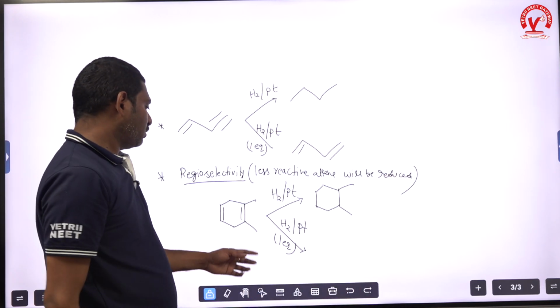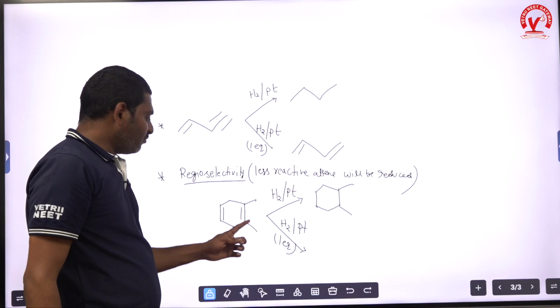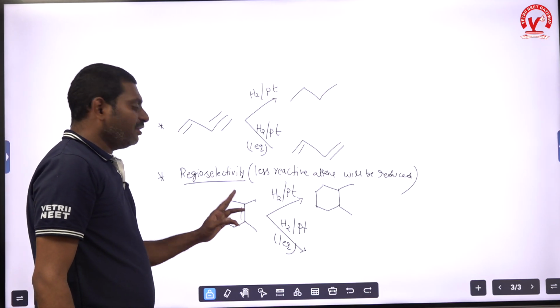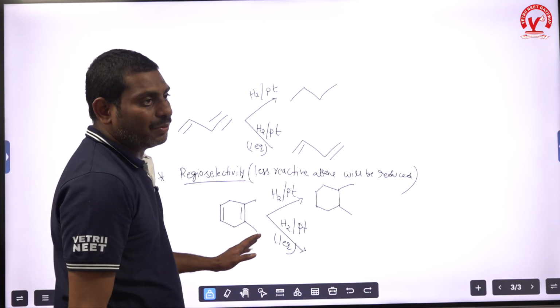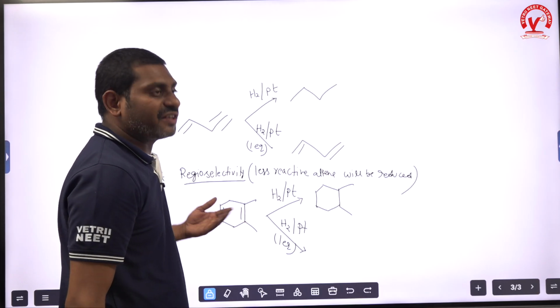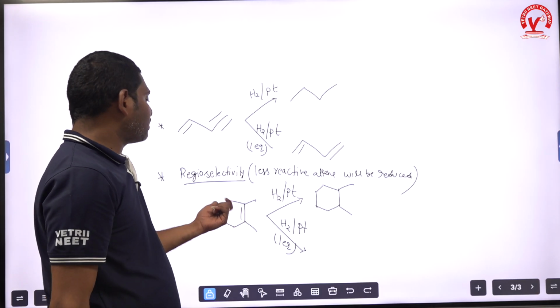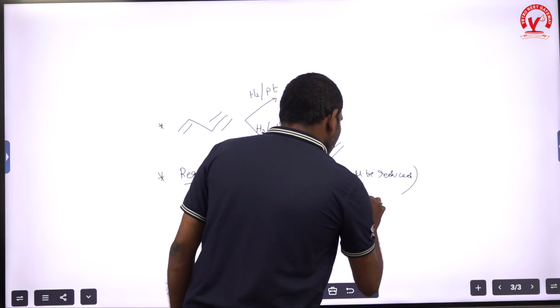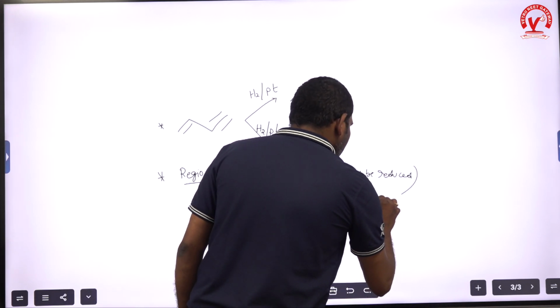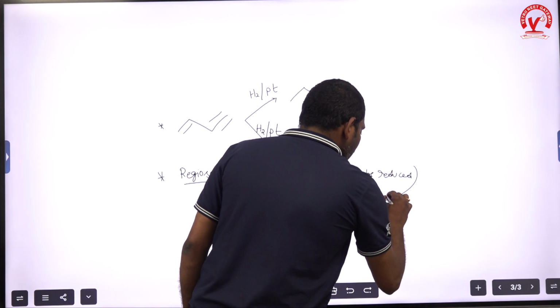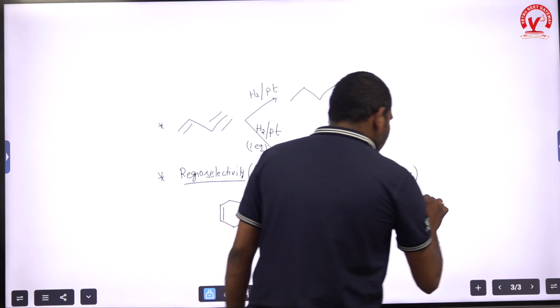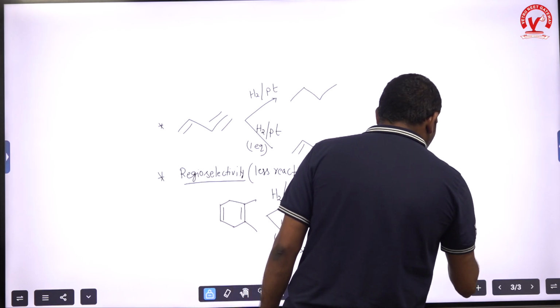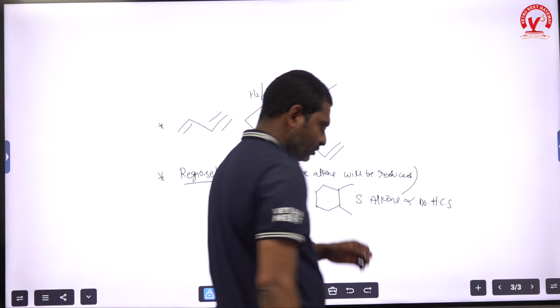Out of these two alkenes, the one which is less stable will be reduced first. So how to check the stability of an alkene? The stability of an alkene is directly proportional to the number of hyperconjugative structures.